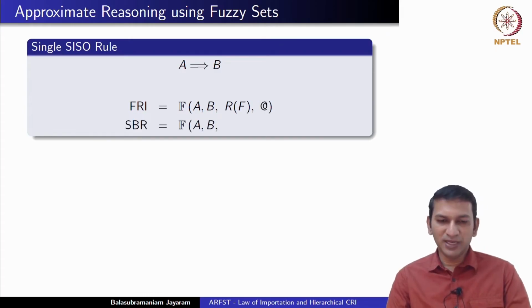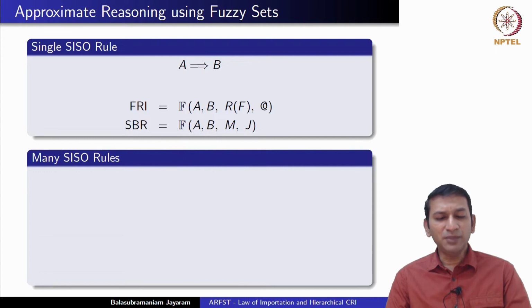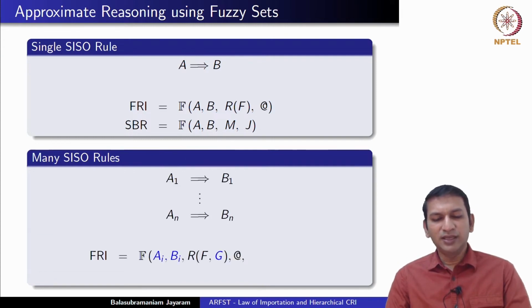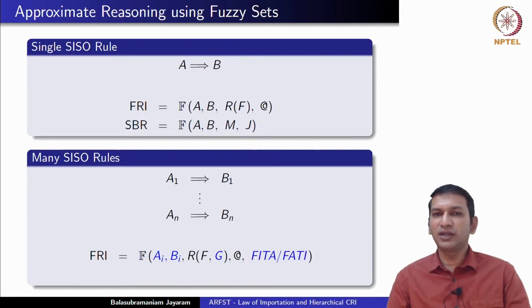In the case of an SBR scheme, we need a matching function and also a modification function. If you have multiple SISO rules, then we also need an aggregation function G in the case of an FRI, and also either the theta or the phi inference strategy.